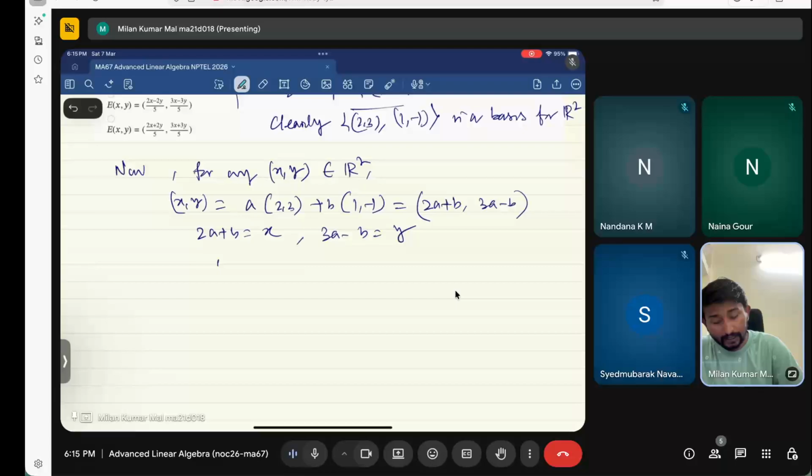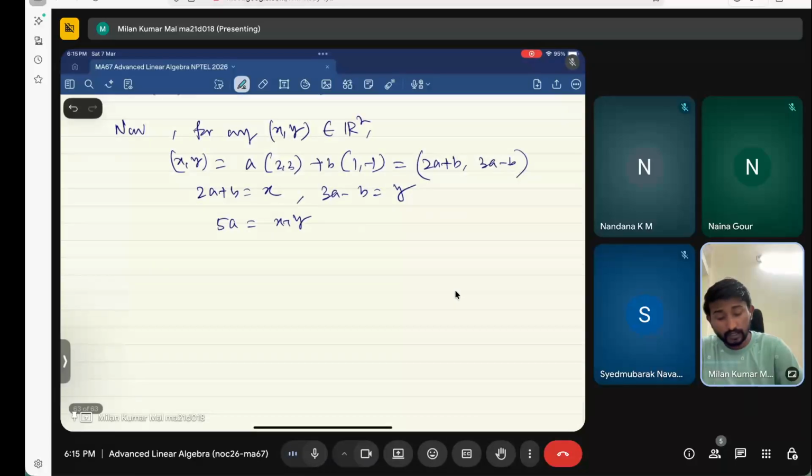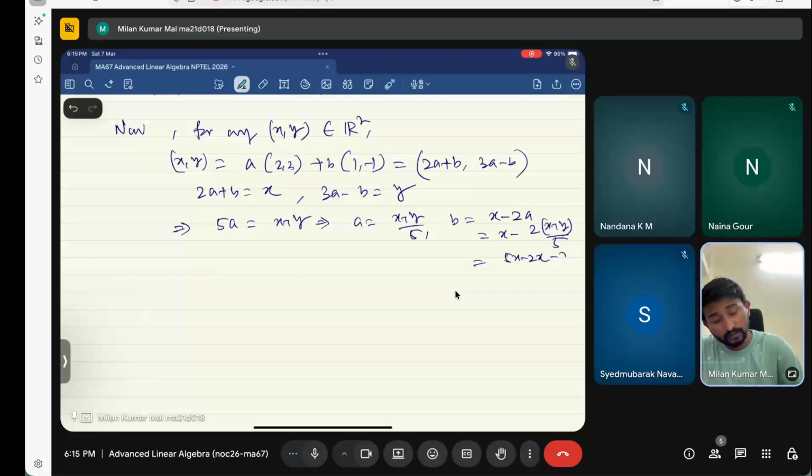So you can add and you get 5a equals x plus y. That gives a equals (x plus y) by 5, and then b can be obtained. b equals x minus 2a, that is equal to x minus 2 times (x plus y) by 5, that is (5x minus 2x minus 2y) by 5.